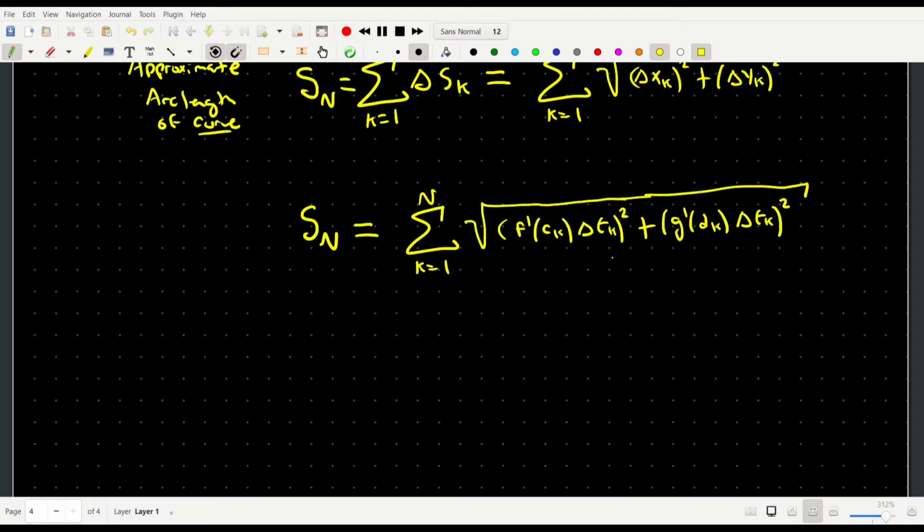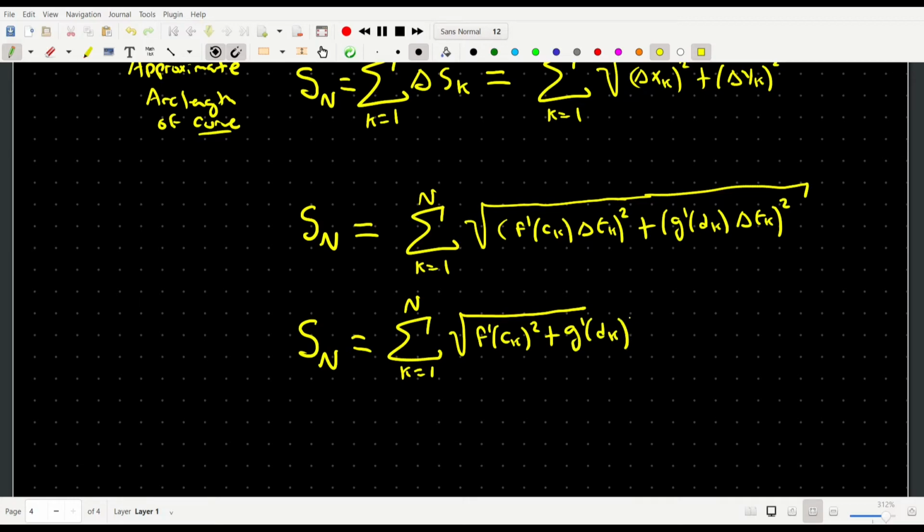Where we can factor out the delta tk squared to get that Sn is going to be equal to the summation from k equals 1 to n of the square root of f prime of ck squared plus g prime of dk squared times delta tk.